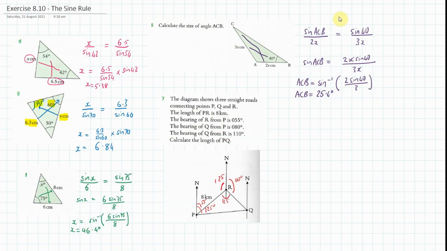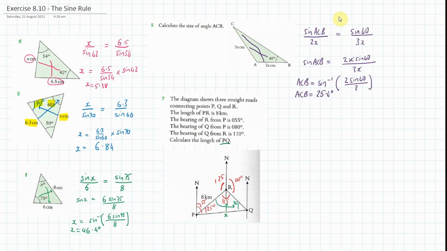Okay, and let's see what we're actually trying to find out. We want to know the length of PQ. This is our unknown. We compare it with this angle and we know 8, and we can compare it with this angle here, which we can also find out. 125 plus 25 is 150, so this must be 30, because angles in a triangle add to 180.